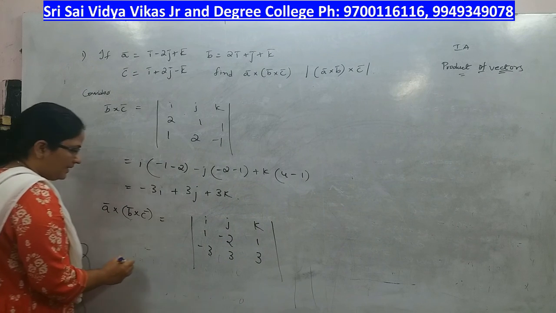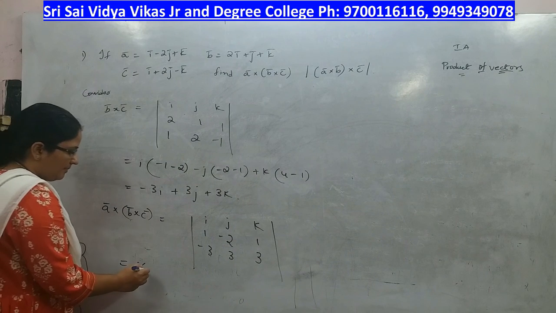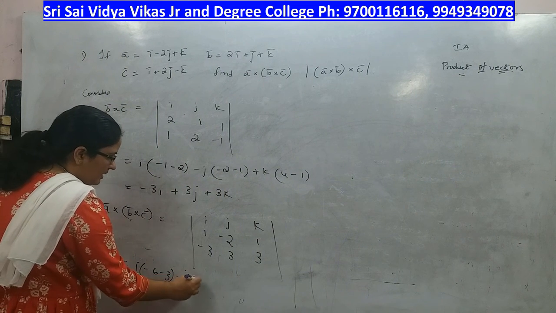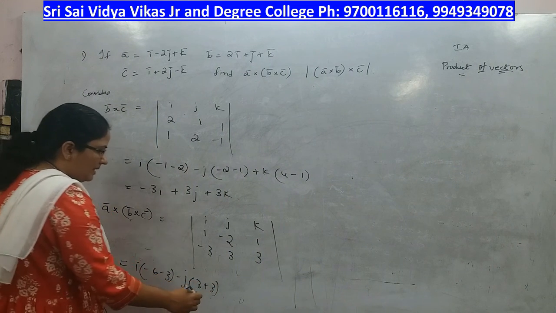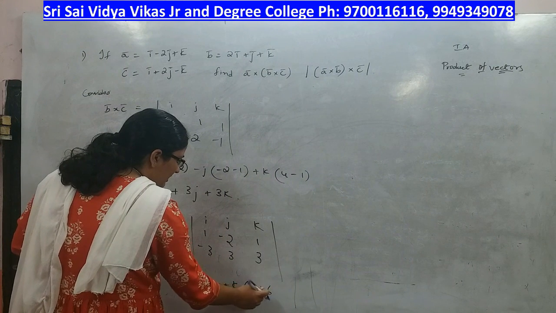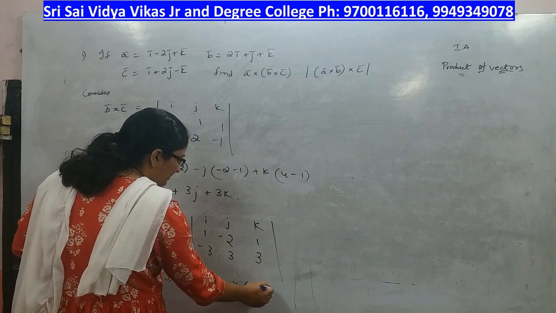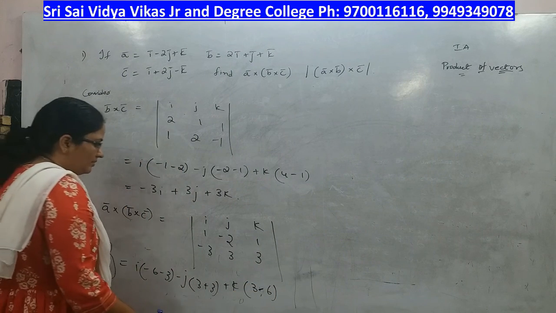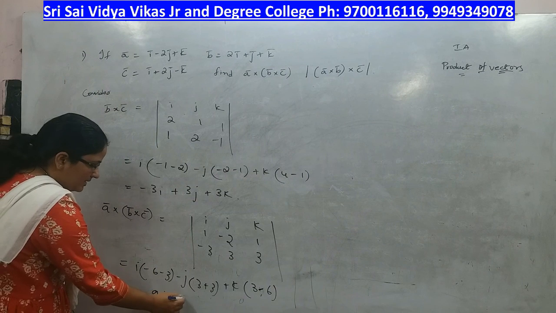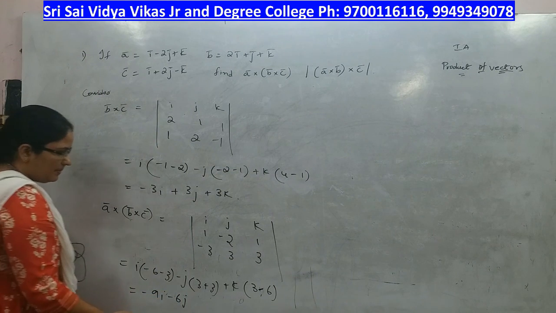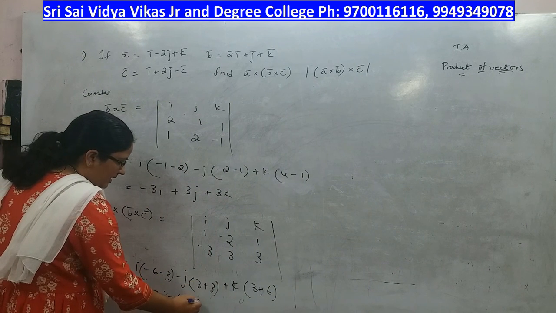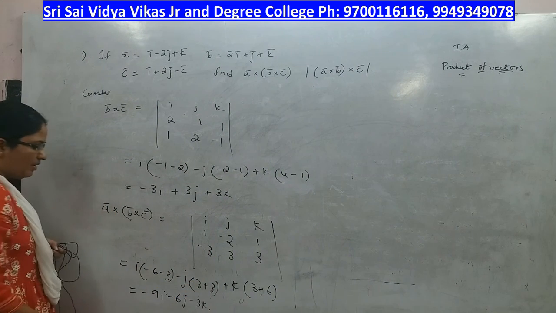So this is i into minus 6 minus 3, minus j into 3 plus 3, plus k into 3 plus 3 minus 6. So that is nothing but minus 9i minus 6j minus 3k. This is what you get.